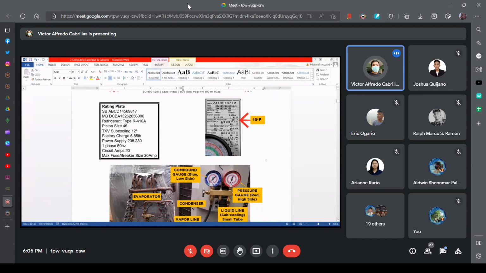So, kung nandiyan yan na subcooling na 10 degrees Fahrenheit, so dapat doon sa gauge manifold mo, halos nandun ka lang din. Plus 2 or minus 2 is okay. When we say plus 2, minus 2, pwedeng nasa 8 degrees Fahrenheit or 12 degrees Fahrenheit. Medyo okay pa yon. Pero pagka more than that, may problema po yung system mo. Either undercharge or overcharge. Nagigets po ba?